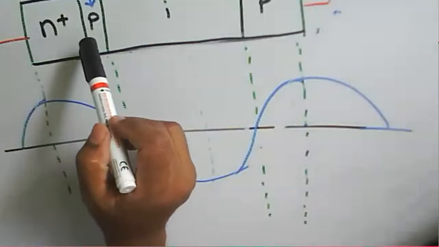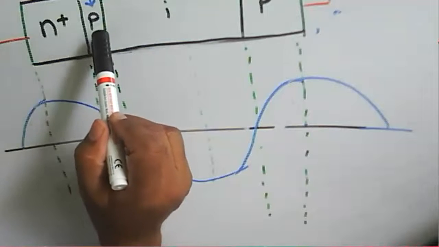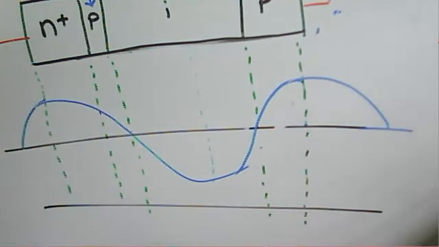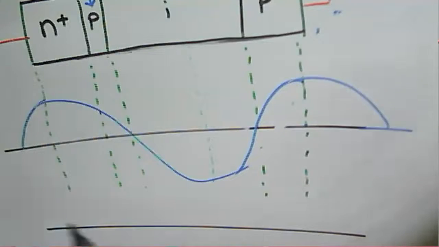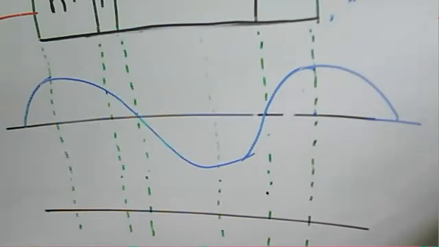So in this case we get more carriers, and that's why we get a higher value of current. Now, what will be the current? Now we talk about the current value.